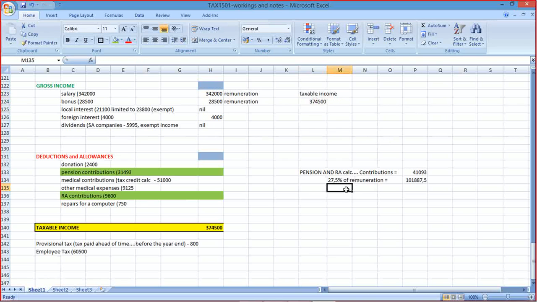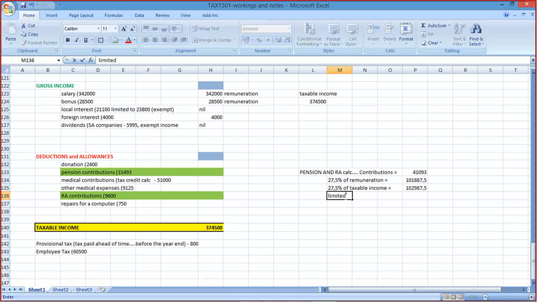So 27.5% of taxable income equals this times 0.275, gives me that figure. Is everything okay so far? So that's my contribution. That's what I'm allowed to deduct.